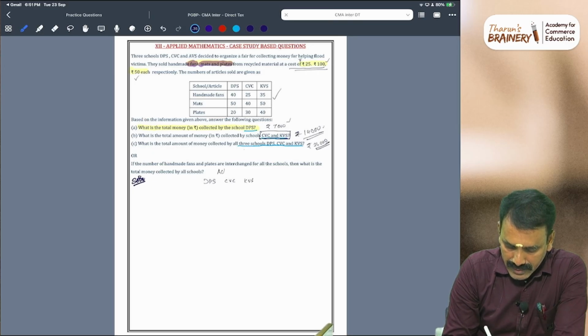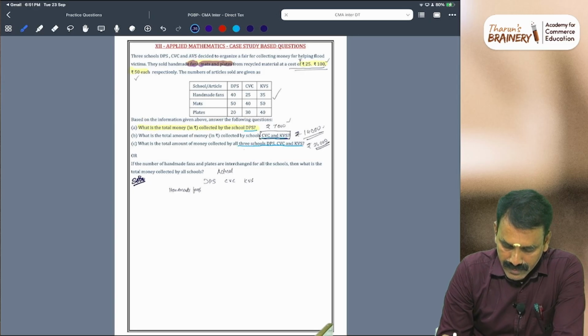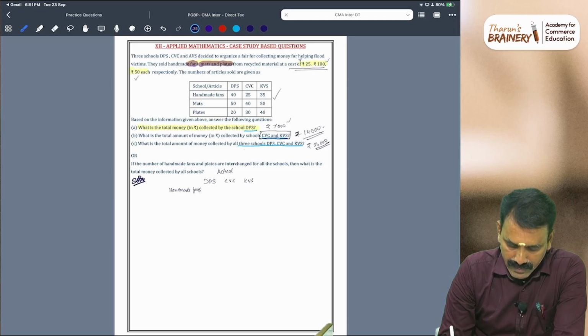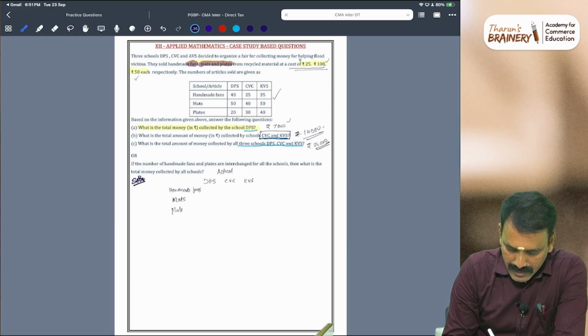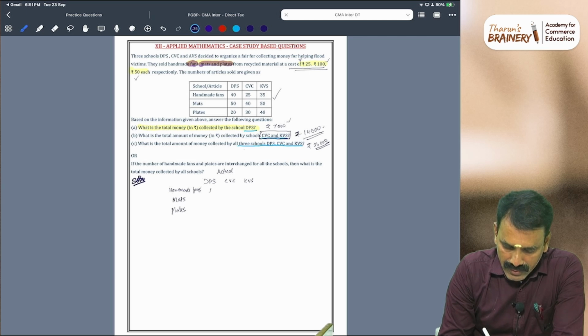This is the actual thing: handmade fans, then mats, plates. The actual values are 40, 25, 35, 50, 40, 50, 20, 30, 40. Is it clear?